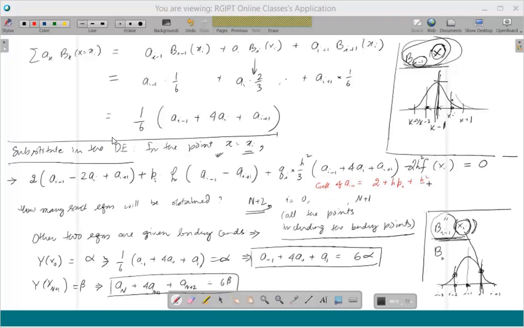Everything is known: p_i is known, h is known, q_i is known. This is a constant for a_{i-1}.